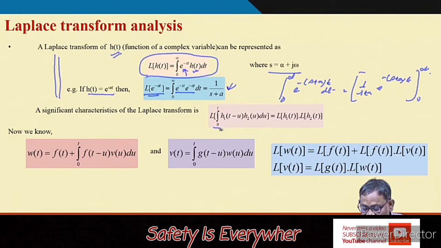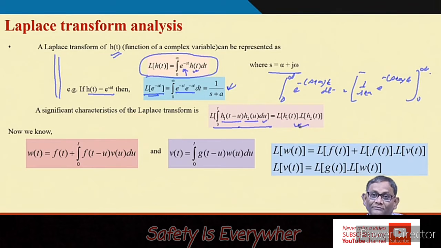That is this. That means the Laplace of the integral from 0 to t of h1(t minus u) h2(u) du can be written equivalently like this. So, the Laplace of the integration can be written like this.